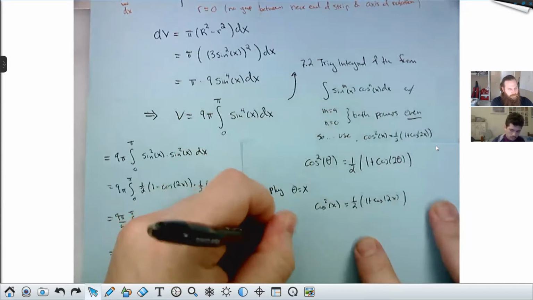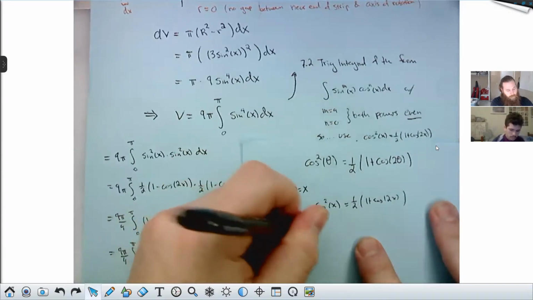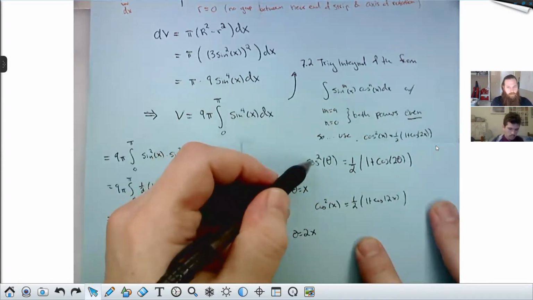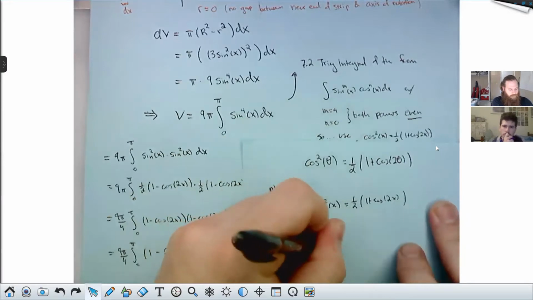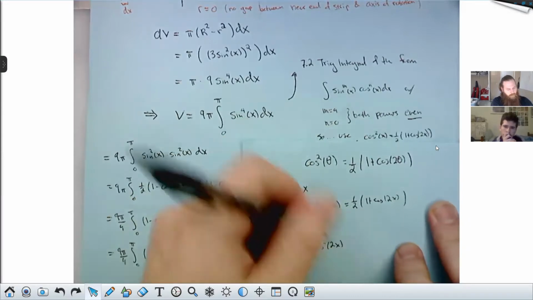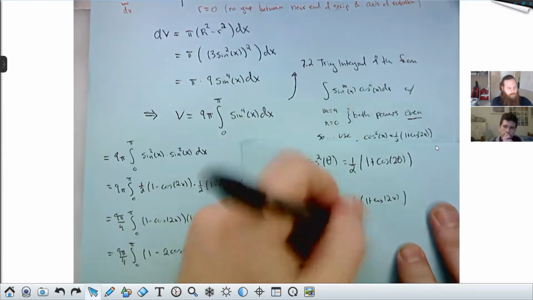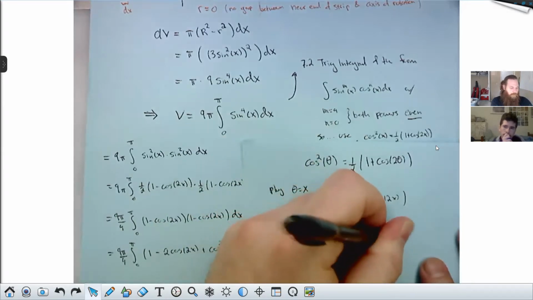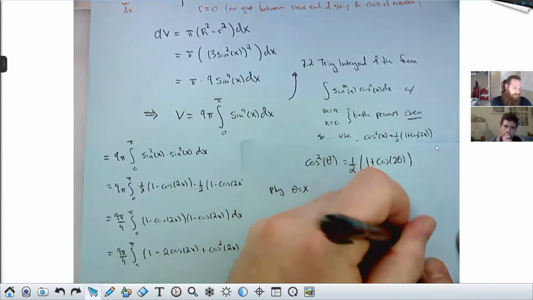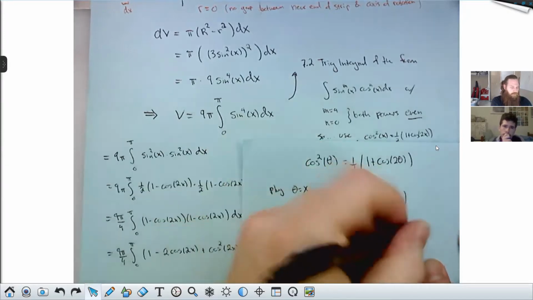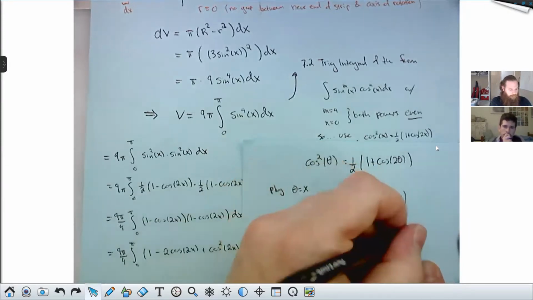Or if I plug theta equals 2x, then this would be cos squared of 2x, and over here I'll have 1/2 times 1 plus the cosine of 2 times 2x, which is the cosine of 4x.